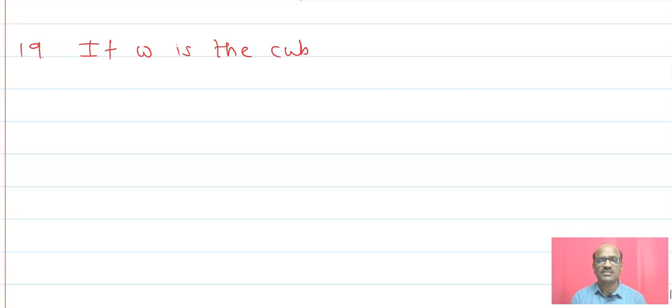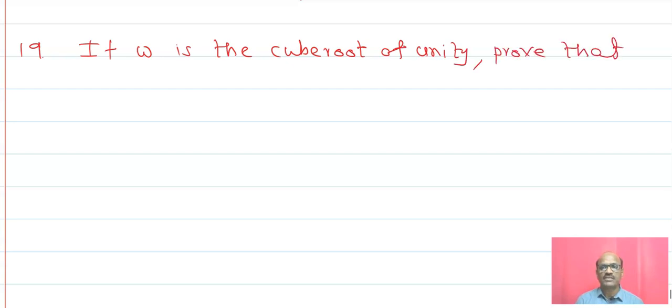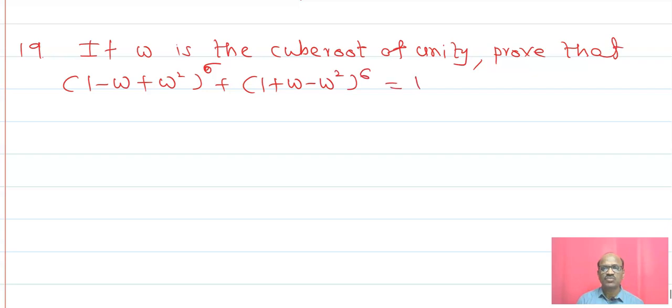Now next example, question number 19. If omega is the cube root of unity, prove that 1 minus omega plus omega square bracket raised to 6, plus 1 plus omega minus omega square bracket raised to 6, is equal to 128.